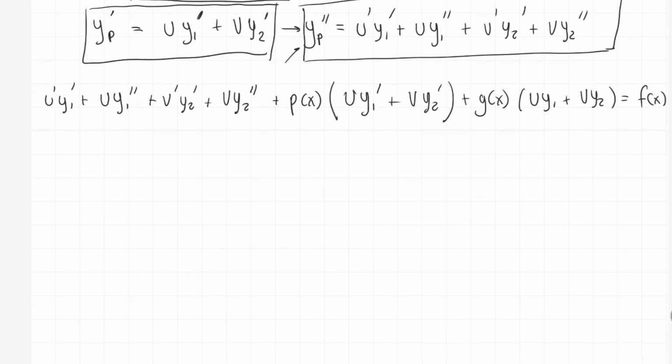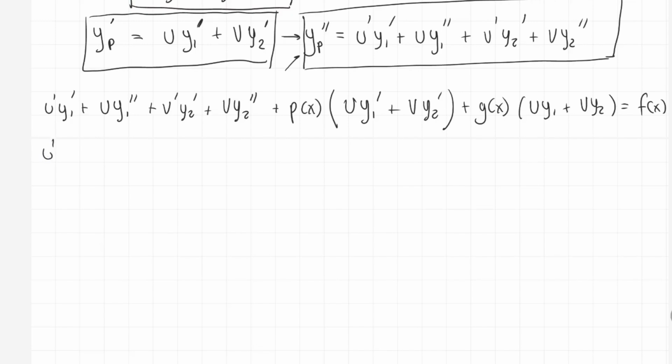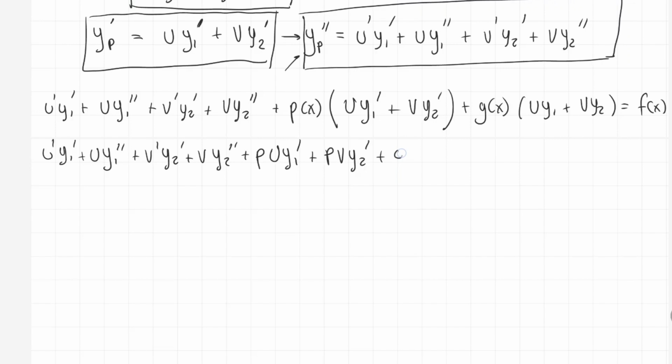If we keep developing this, we get u prime y1 prime plus u y1 double prime plus v prime y2 prime plus v y2 double prime plus p u y1 prime plus p v y2 prime plus g u y1 plus g v y2 equals f of x.